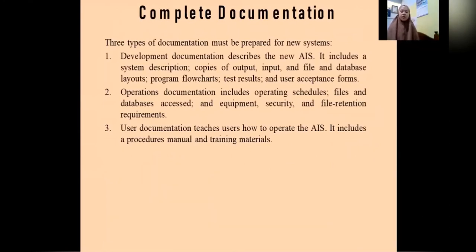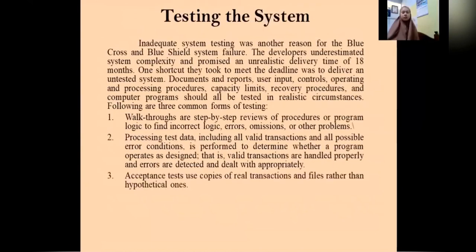Operation documentation includes operation schedules, files and database access and equipment, security and file retention requirements. 3. User documentation teaches users how to operate the AES. It includes a procedure manual and training material.